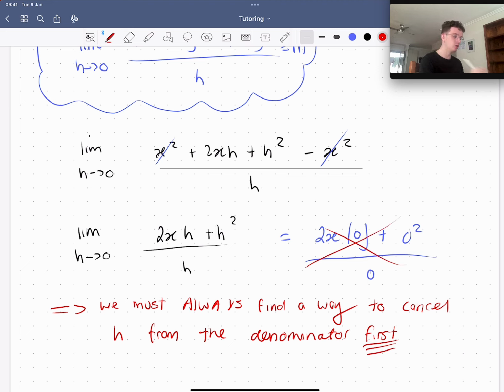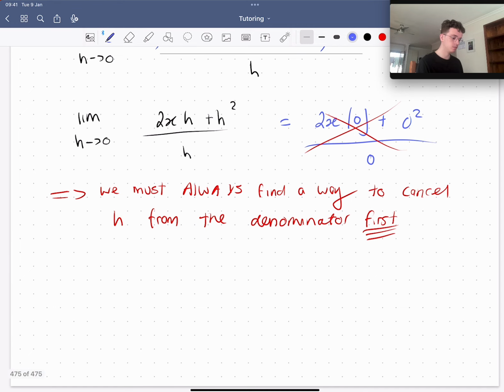So that is not correct. So before we substitute h equals 0, we must find a way to cancel h from the denominator first.